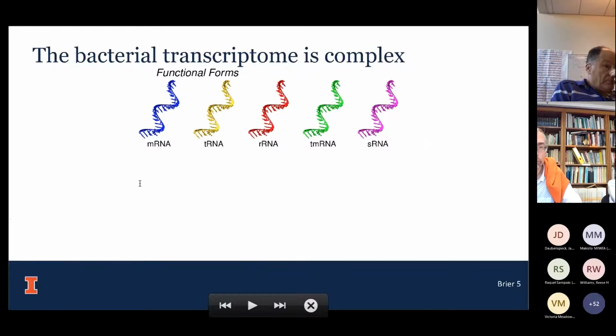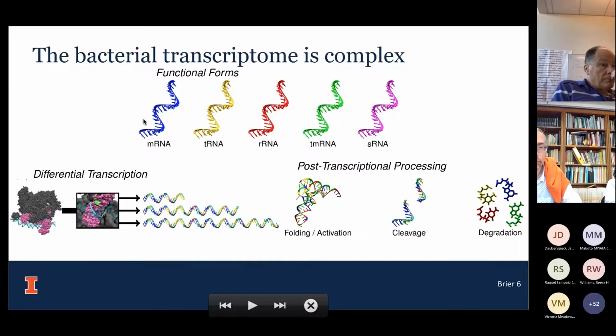To begin, you start with the idea that the bacterial transcriptome is complex. What I mean by that is there are many functional forms within the transcriptome, but also many processes that can form the transcriptome or modify it in some way.